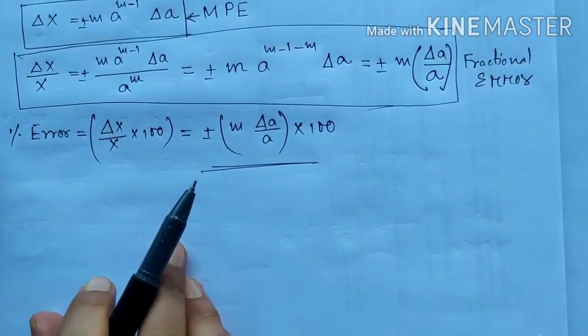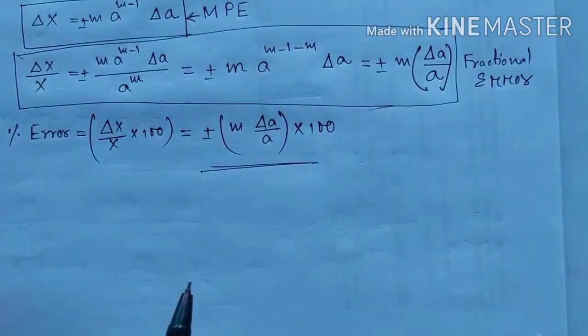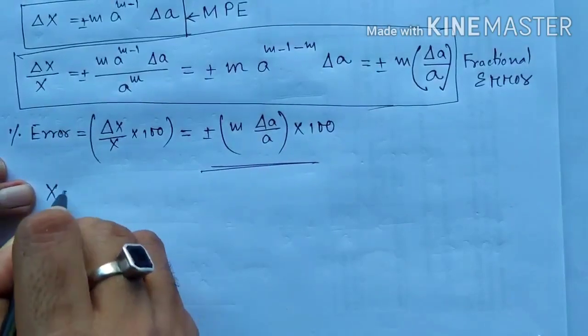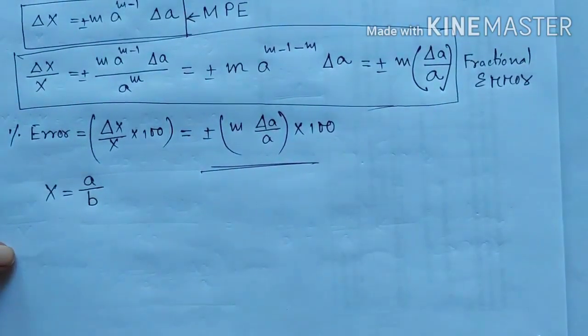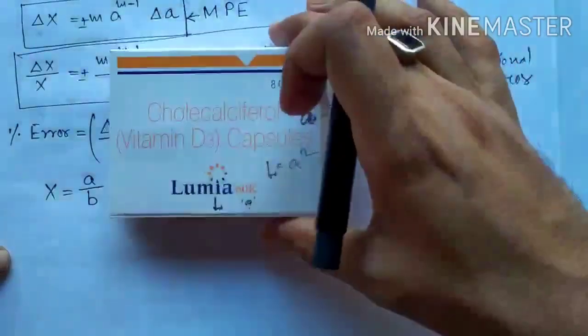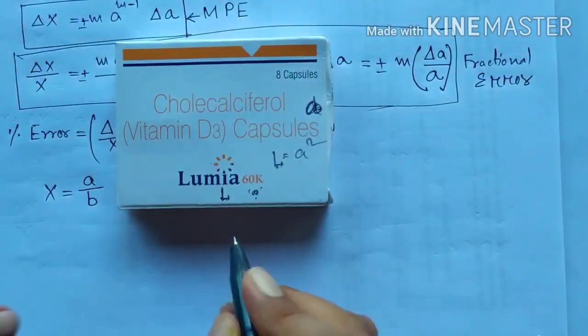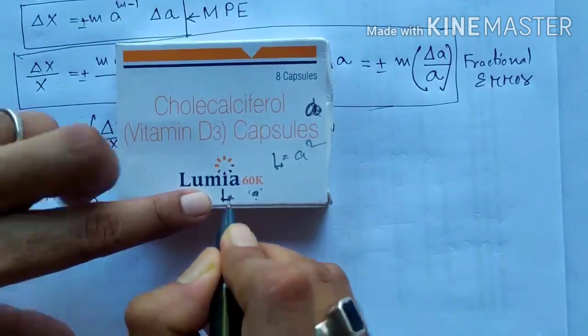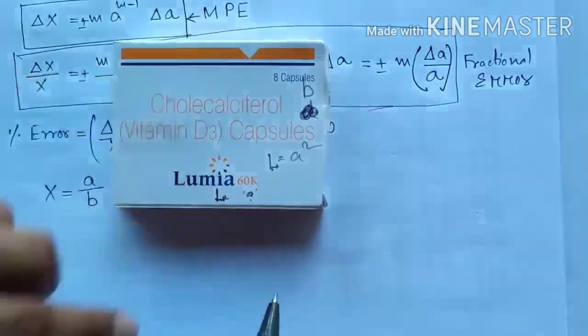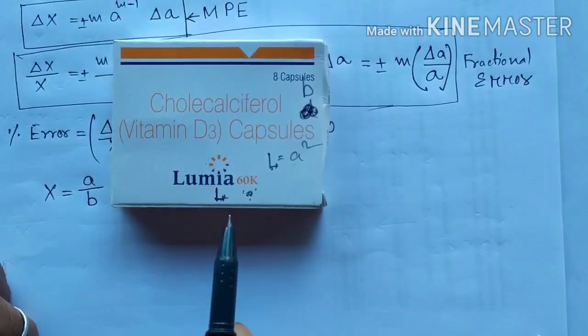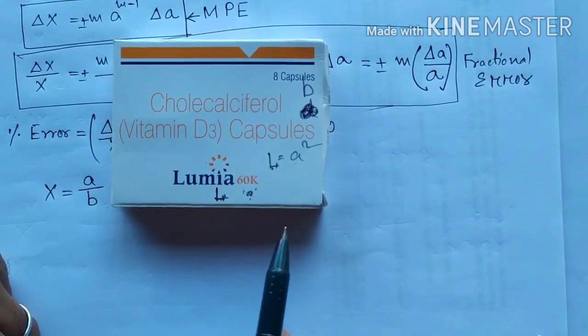Now let us see the case if x is of the form x equal to a by b. Suppose I have given you this box and say this one is length, this one is breadth, and I have asked you to give me the ratio of length to its breadth.